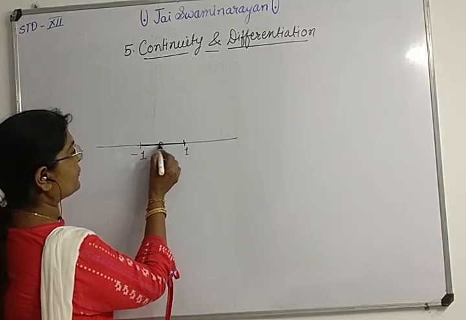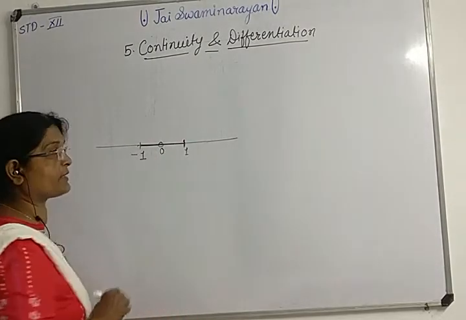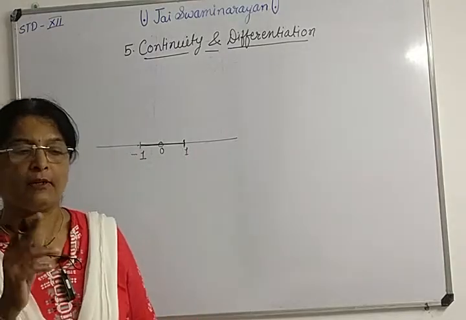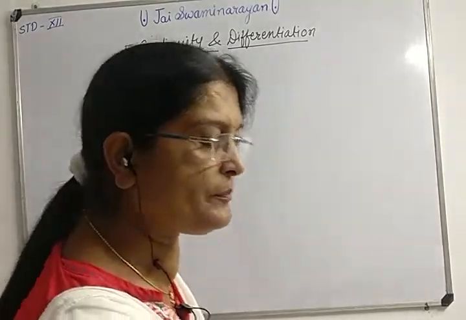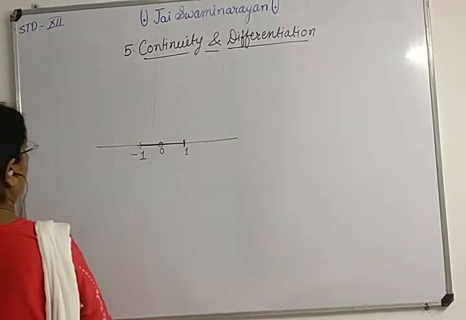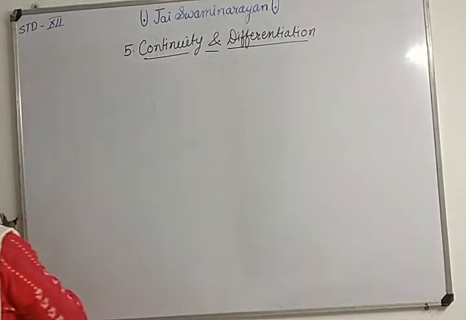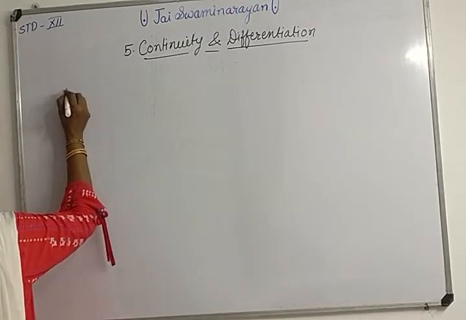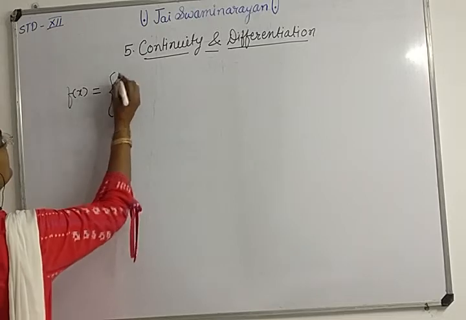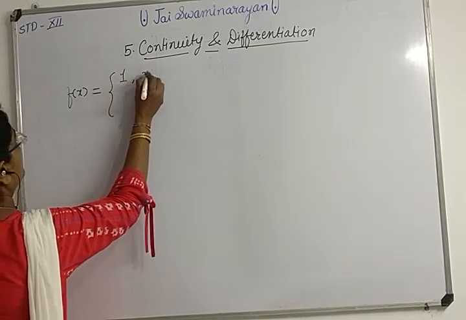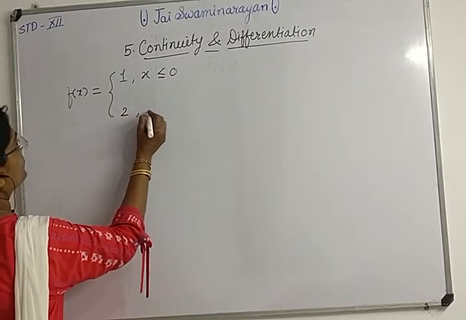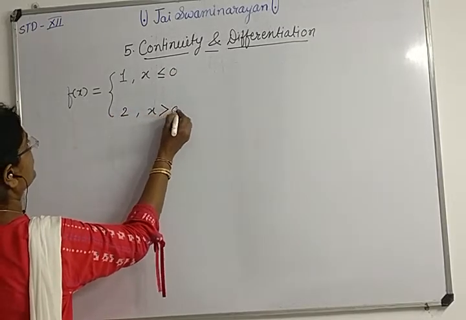So the curve which we can draw without lifting a pen is called a continuous function. Let us take one example. Suppose the function is f of x equal to 1 for x less than or equal to 0 and equal to 2 for x greater than 0.